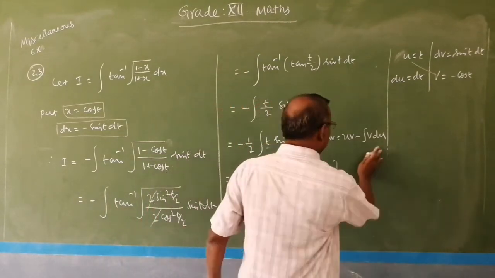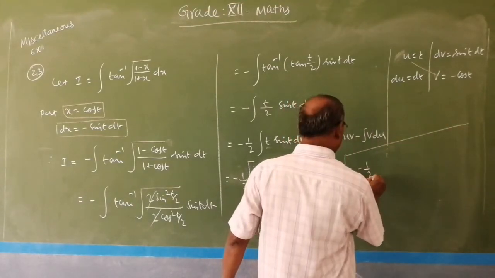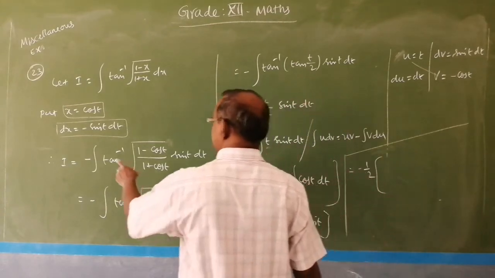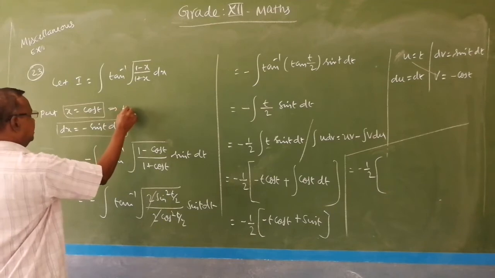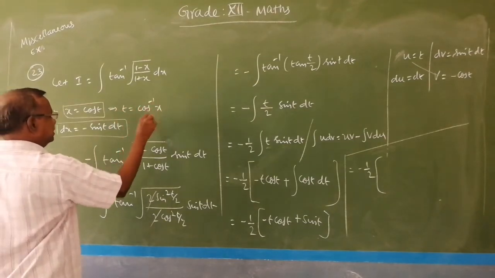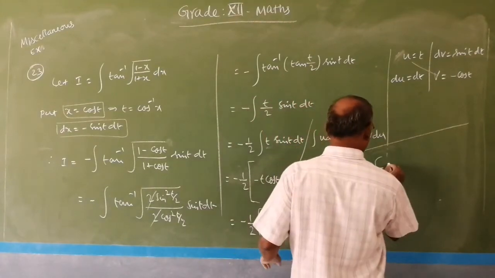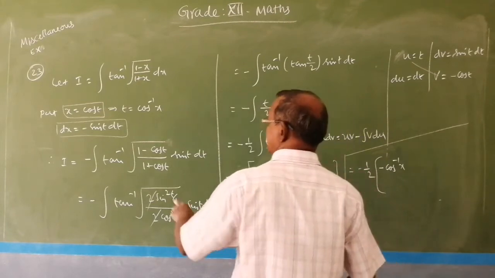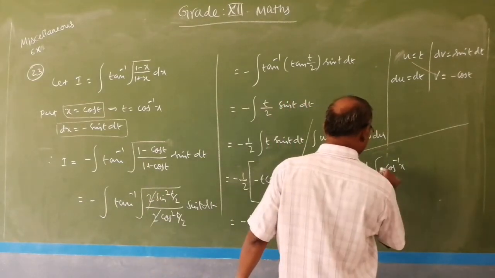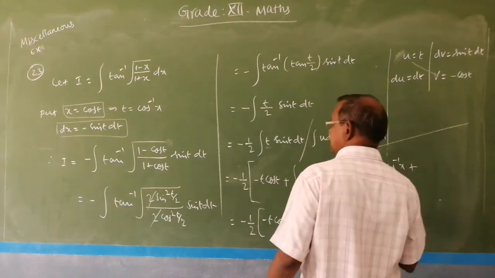Substituting the values here, we know that x equal to cos t means t equal to cos inverse of x. So t equal to cos inverse of x and cos t means x. So minus x cos inverse of x and plus sin t.